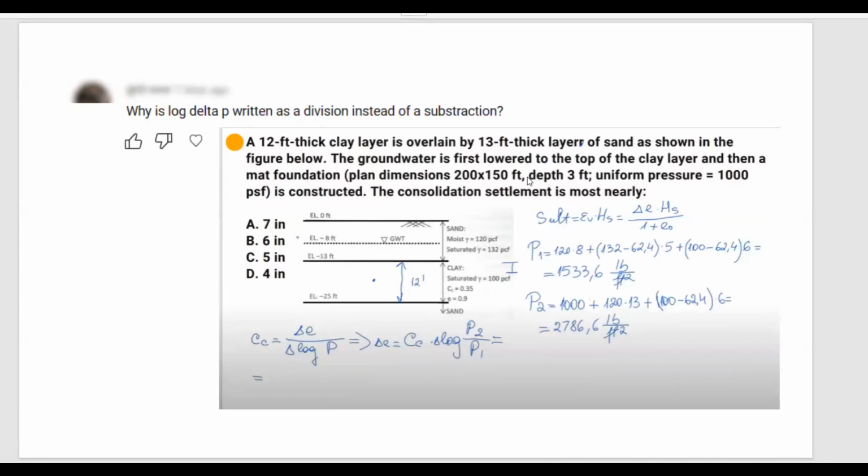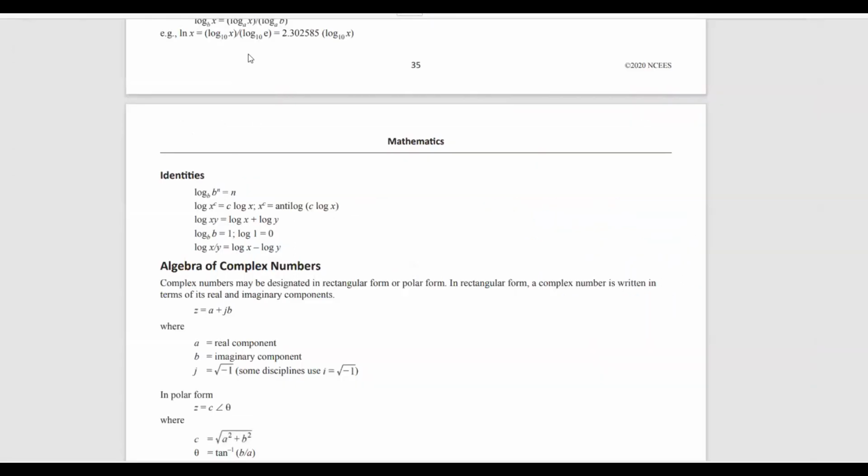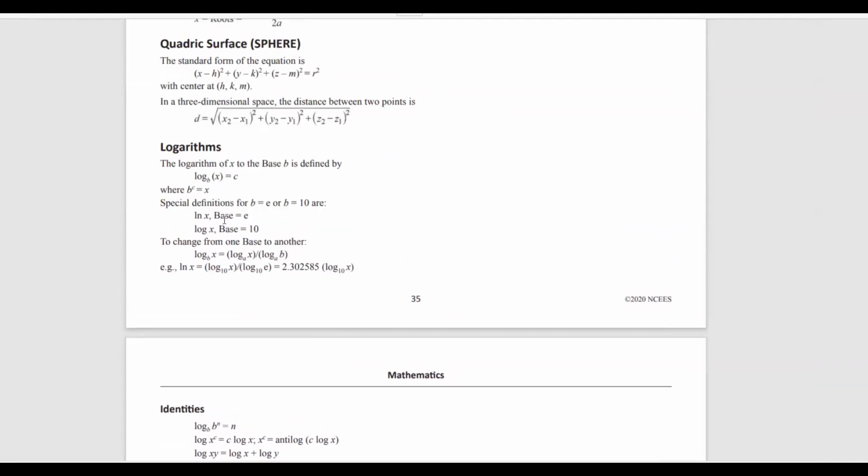And another question, why is logarithm delta p written as a division instead of a subtraction? This is from a geotechnical playlist. And this question actually, it's nothing geotechnical about it. It's more of a math thing. And I'm gonna go to the FE handbook because I got this ready. I went into math, and this is a logarithm property.